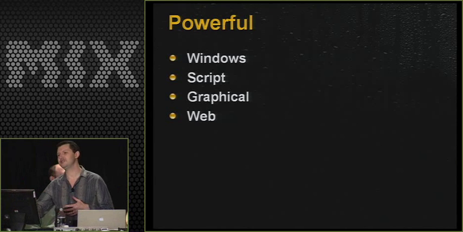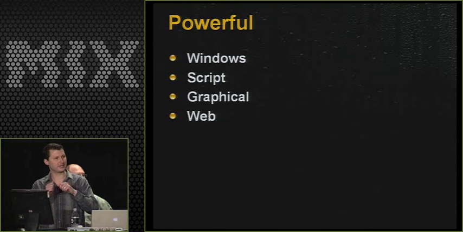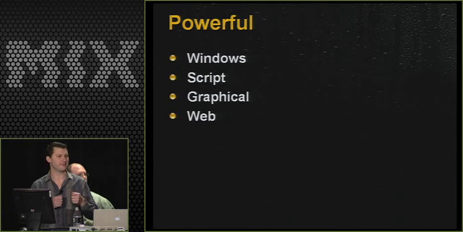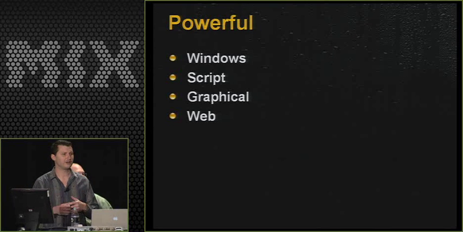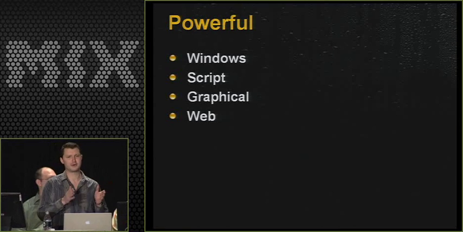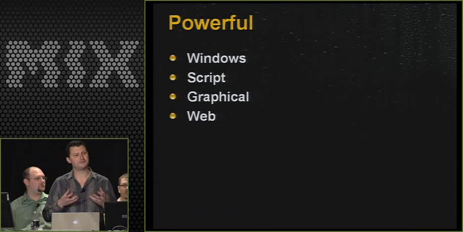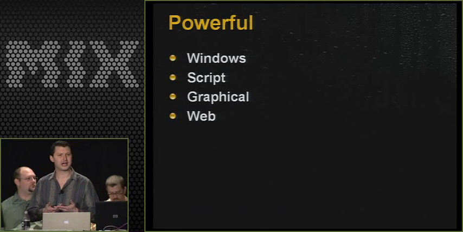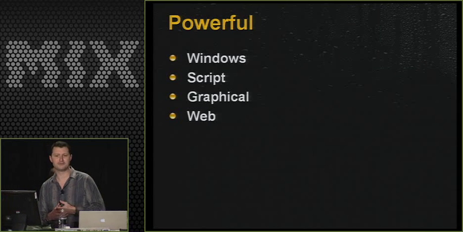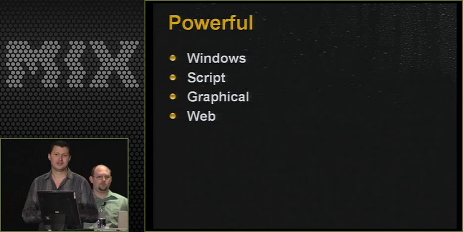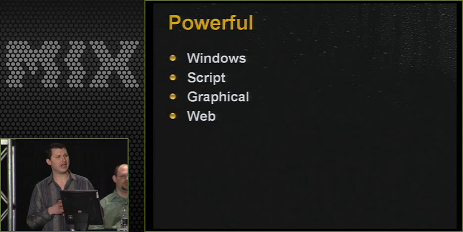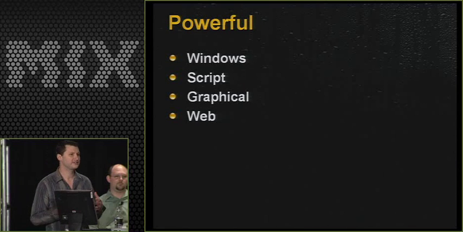So let's say I'm building a CPU gadget that wants to look at the CPU cycles I'm using or memory, or I want to monitor my wireless network availability or the strength of my wireless signal. We've bubbled all that system information up into a very easy to use object model that you can access through script. But at the same time, we give you access to any objects that you can access through automation.